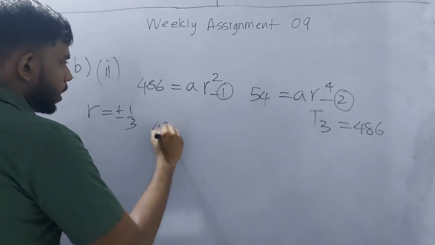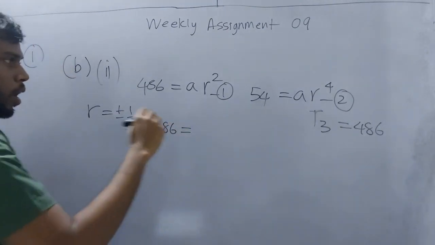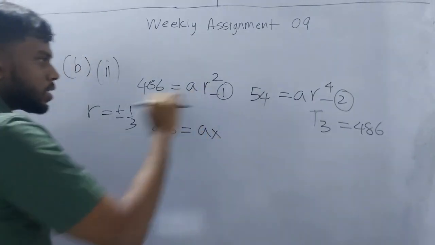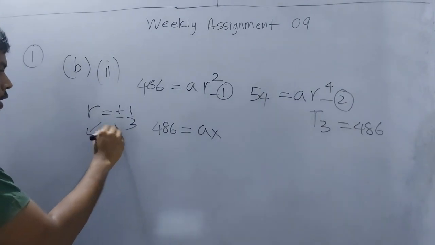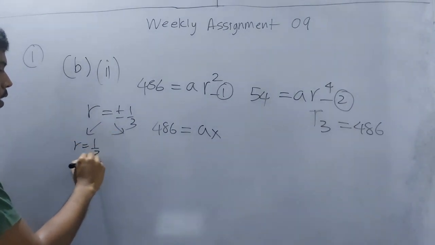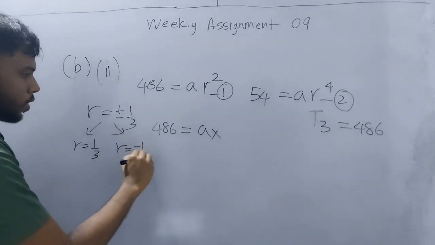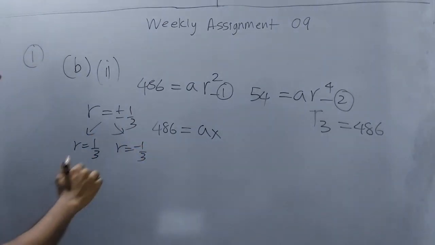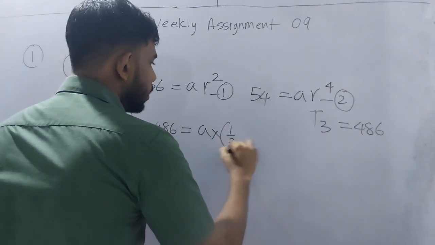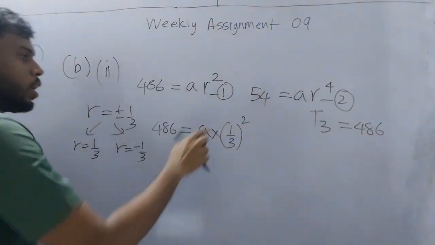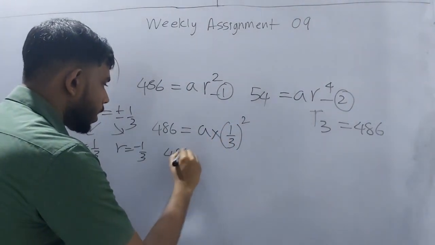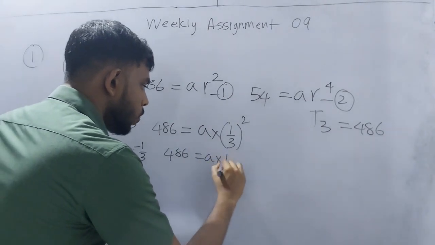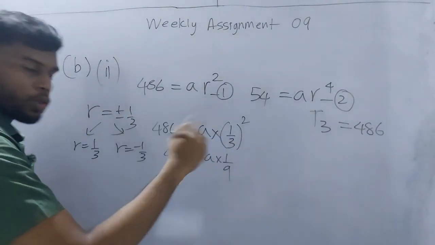So 486 will be equal to a times r squared, and instead of r you can put either plus or minus 1 over 3. So let's say you put plus 1 over 3, squared. Then you can apply the square to both numerator and denominator. So that will be 486 is equal to a times 1 over 9. Then you multiply both sides by 9.